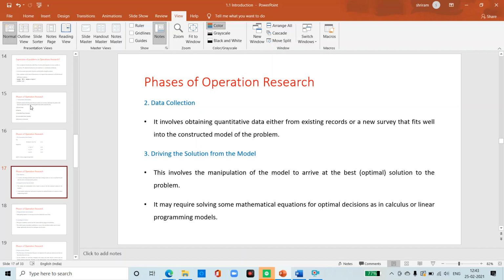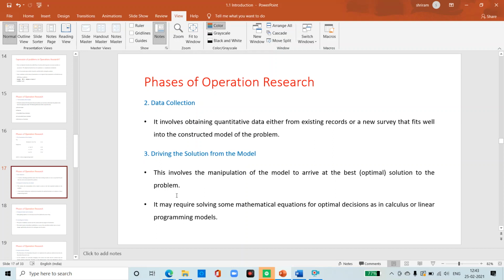This involves the manipulation of the model to arrive at the best, that is, the optimal solution to the given problem. It may require solving some mathematical equations for optimal decision, as in calculus or linear programming models.